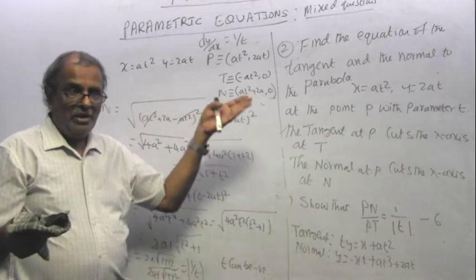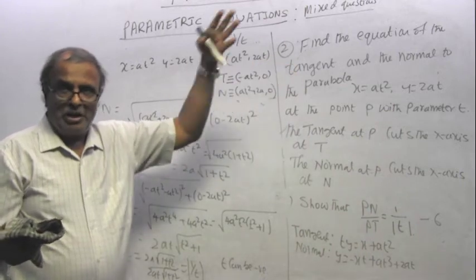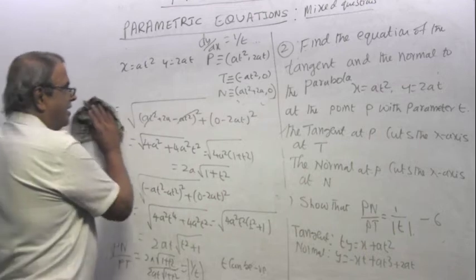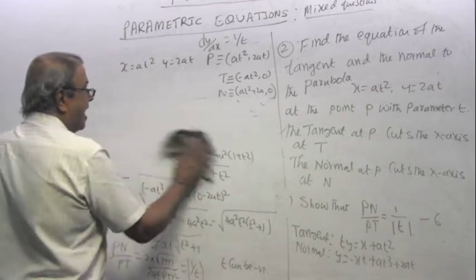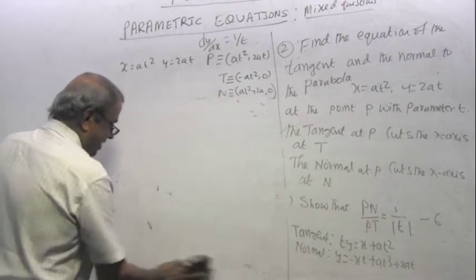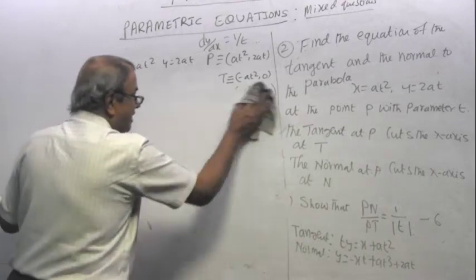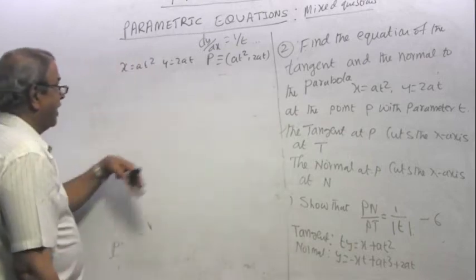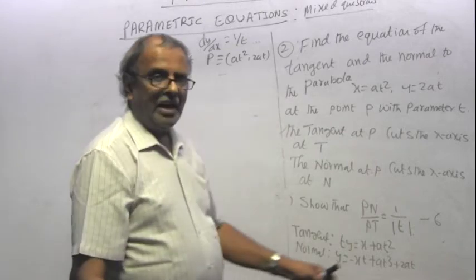So maybe you may not be able to do this question because it was too long. But if you think for a minute, I don't need any of these. In fact, I don't need to find N, I don't need to find t. I can still get the answer.